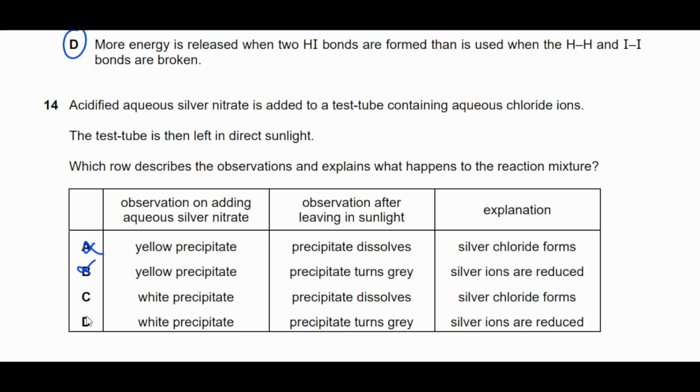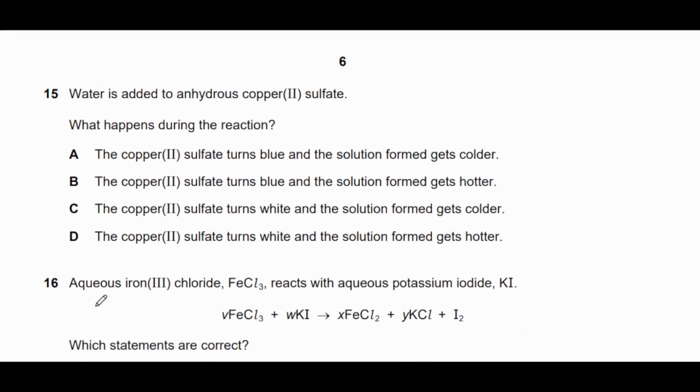Okay, so this is how people usually stain their clothes in the lab. Sometimes they might have silver chloride, and then they walk out in the sun, and then their clothes will be stained because a reaction will occur that causes the silver ions to be reduced, therefore it will turn grey. Okay, the answer is D.